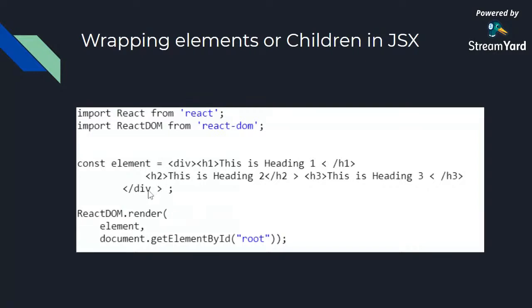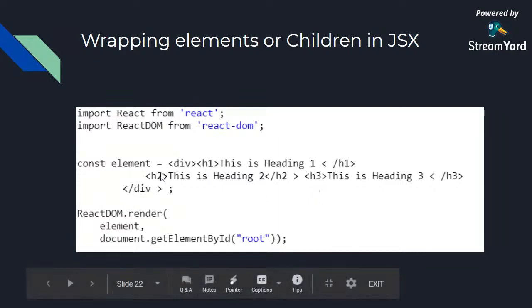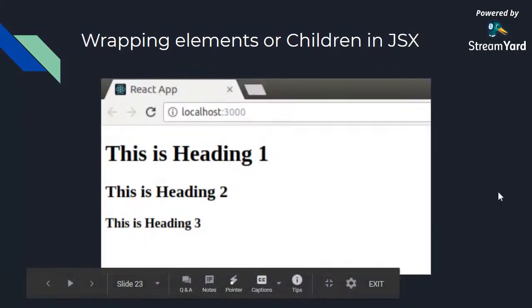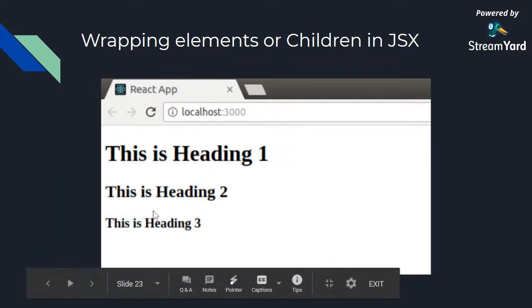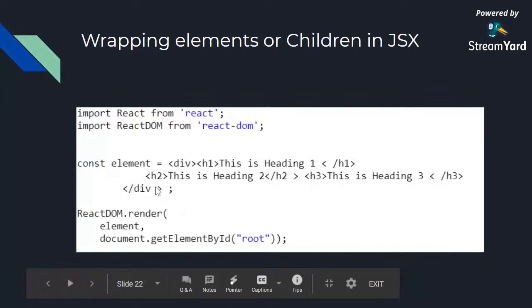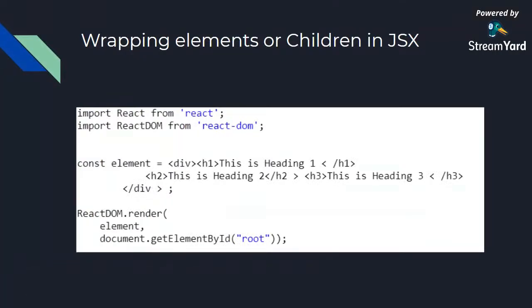This will be the parent, and these are the children of that. And we are giving this element to the render function, and this will be the output of that snippet of code. This is the h1 tag, this is the h2 and h3, and these three lie in one particular root, that is the div element that I showed you here.